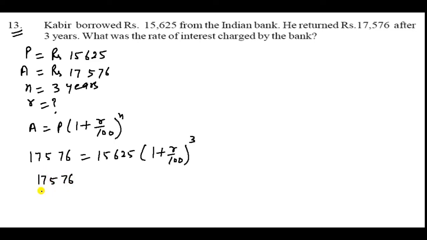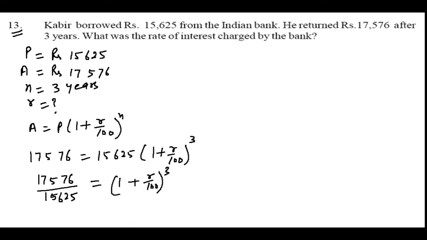So 17,576 divided by 15,625 will be equal to (1 plus R upon 100) whole power 3.